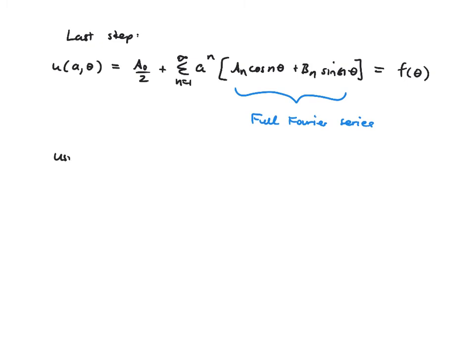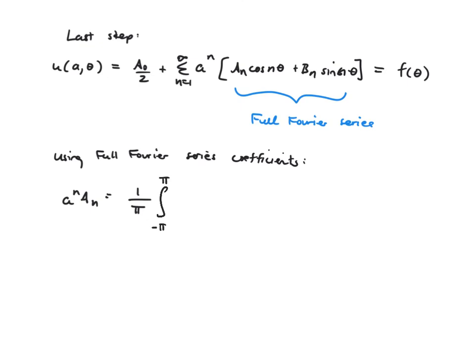So using the full Fourier series coefficients, no need to reinvent the wheel once again, I have a to the n an is equal to 2 over 2 pi, or 1 over pi, integral minus pi to pi, f of theta cos n theta d theta. And I can go n equals 0, 1, 2, all the way up because of the way I've written a0 over 2 up there. That's consistent.